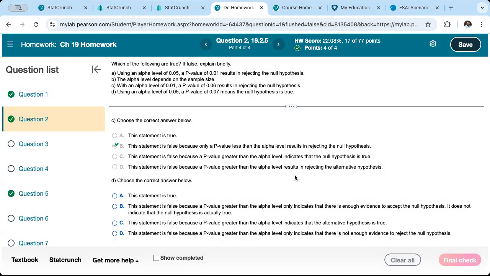The p-value is 0.07. Alpha level is 0.05. It's high. If it's high, what does it mean? We fail to reject. Is that okay? But here, it says that it means that the null hypothesis is true. Does it mean that? What it means is that we fail to reject the null hypothesis.